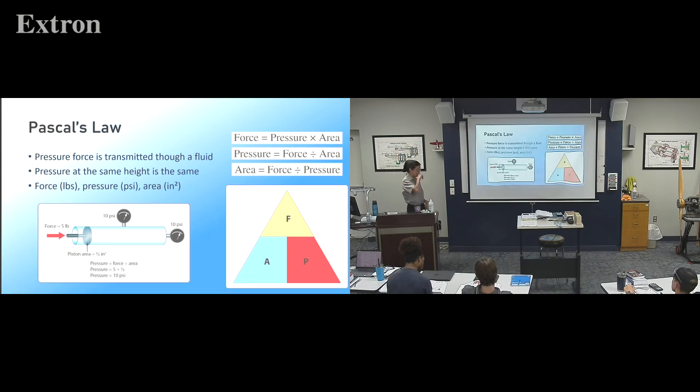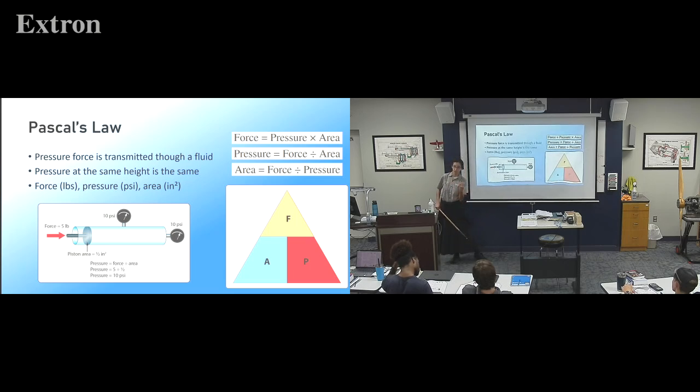So here is what I was showing you yesterday in that last problem on your paper lab. We worked through the formulas, but I didn't give you this fancy little triangle. So force, how much force we're pushing or applying, equals the pressure times the area.